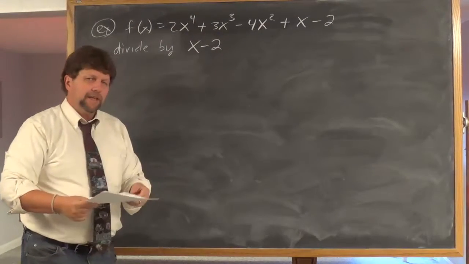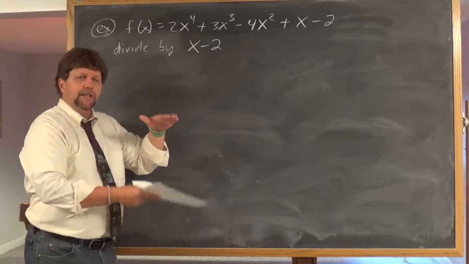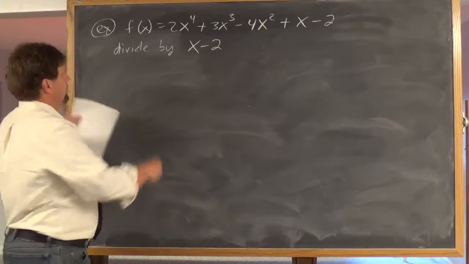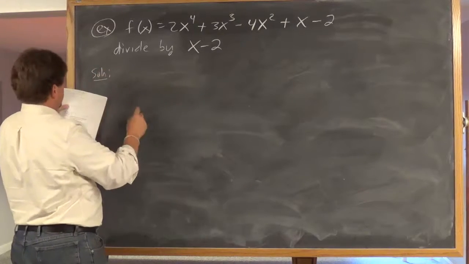The process of synthetic division is really taking the long division and just condensing it down so it's not quite so cumbersome. And then here is the process to do this. This is the process of synthetic division.